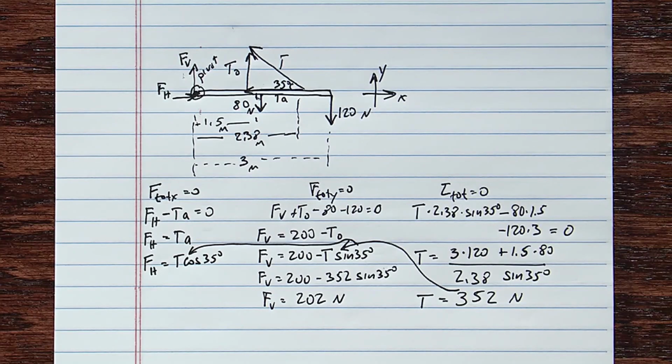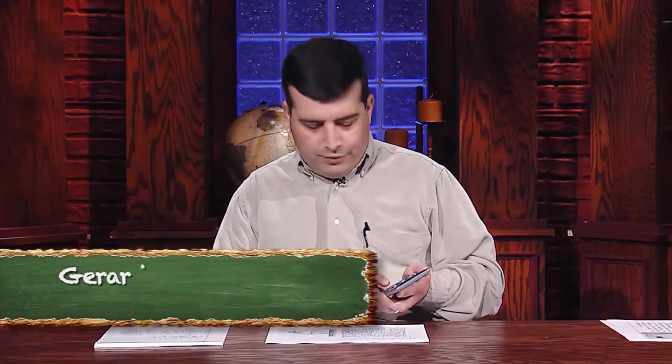So we have a vertical force of 202 newtons and a horizontal force of, oops, I'm sorry. I made a mistake there. I did not subtract off my 200. So I apologize. That is not correct. The vertical force is 200 minus 352 times sine of 35 degrees.